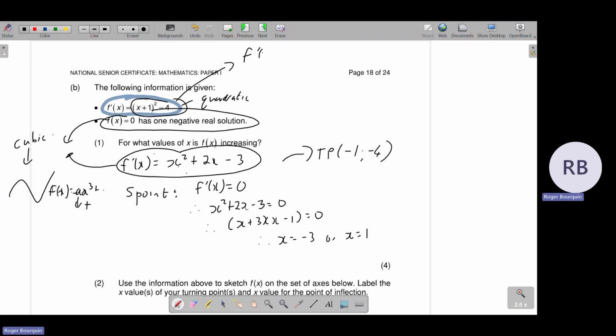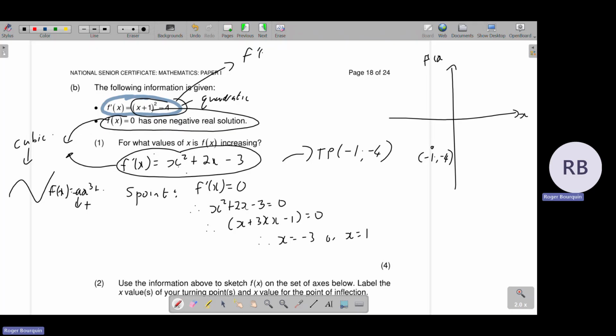Do you get why it's negative 1, negative 4? Okay. So what does f dash of x look like? It's a positive parabola, right? It has a turning point at negative 1, negative 4. So we weren't asked to draw this, but this is just a tool to help us.